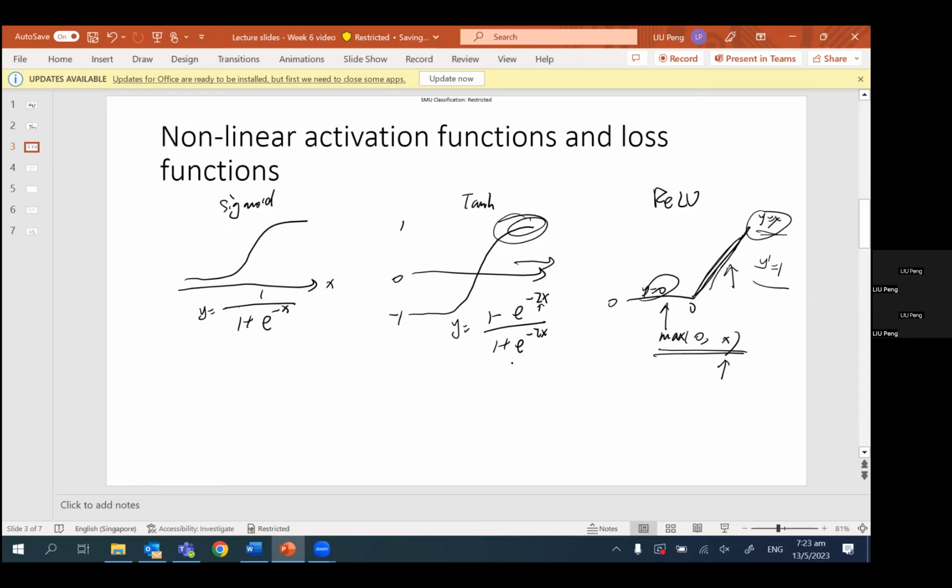So the loss function Q is a function of W, right? So we talk about the L2 norm of some square errors. So we have the y here, and we have the y hat, which is a function of W, right? And then we just take the L2 norm. So this is called the sum of square errors, right? And then this is for regression, and for classification, we have the binary cross entropy, right?